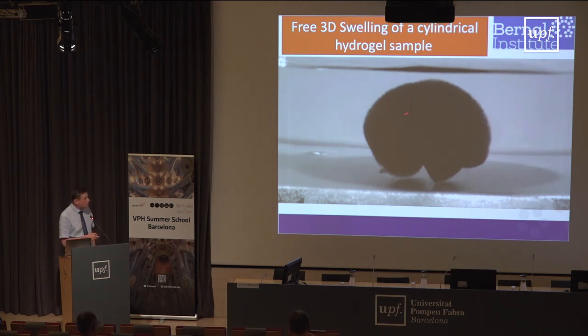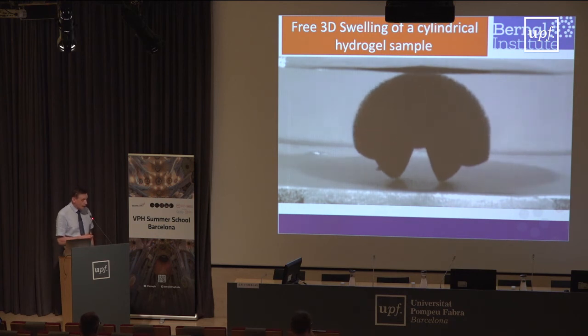So it is convex upwards in this plane, and in the plane perpendicular to the picture, it is convex downwards. So we have a kind of saddle shape, and progressively it is swelling. In the meanwhile, the ions go out of the gel and the water goes inside, and they compete with one another.